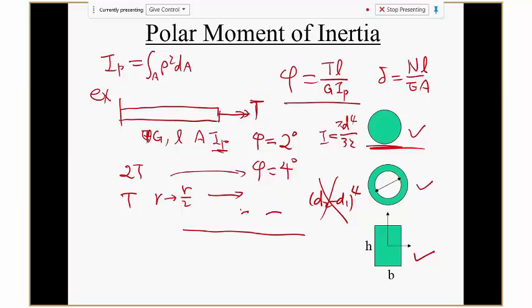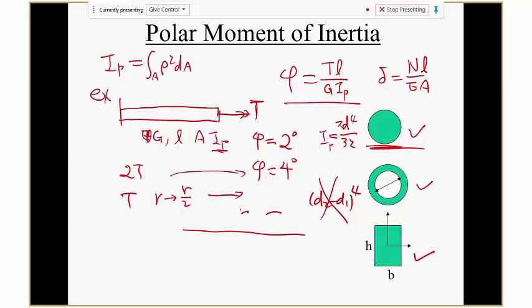If I change R by half, it's 2 to the fourth power, so that's 16 times. So your IP is going to decrease by 16 times, and therefore your angle is going to increase by 16 times.